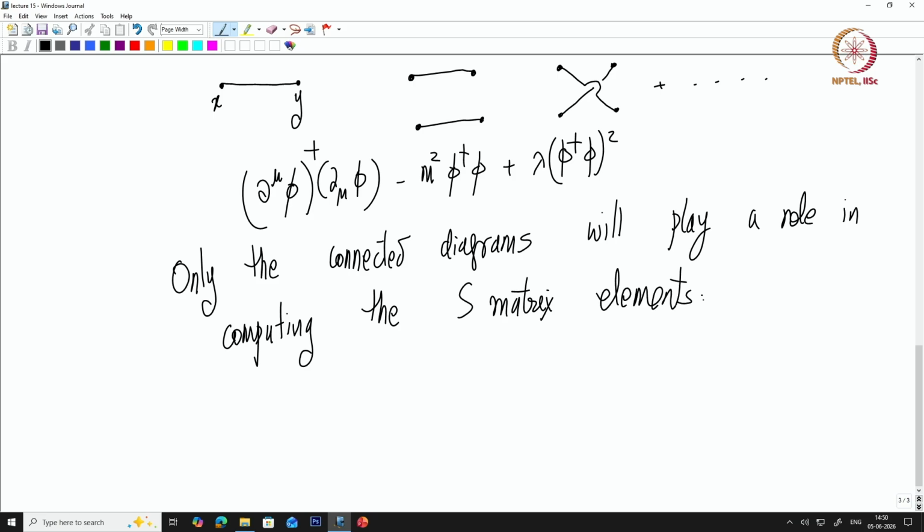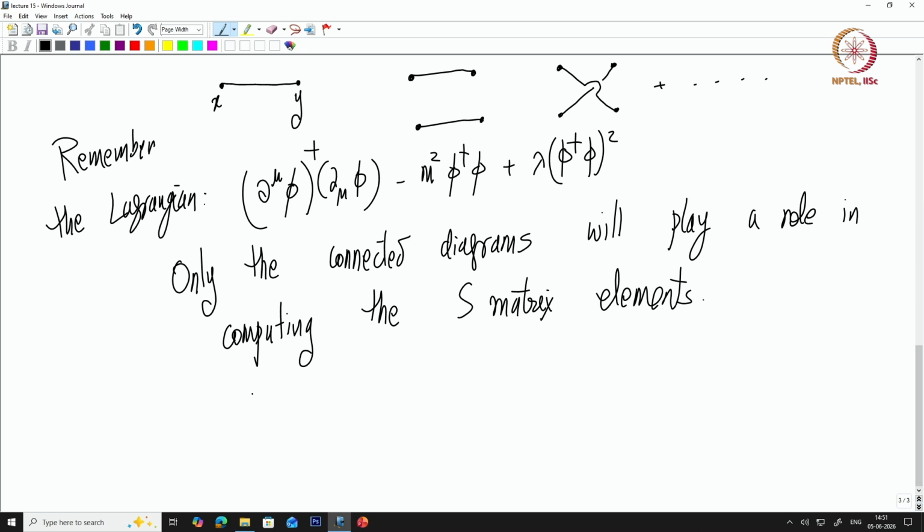Remember our Lagrangian is this. What we want to see is, given the Lagrangian, what are the possible contractions you will have.